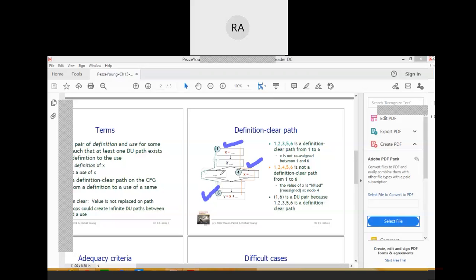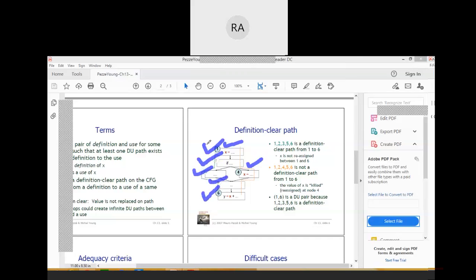Because there is no intermediate node which is killing or replacing the previous value of x. That's why nodes 1, 2, 3, 5, 6 form a definition clear path, because x is not reassigned any value between node number 1 and 6.